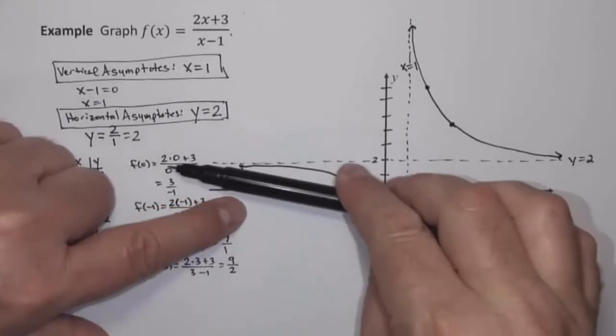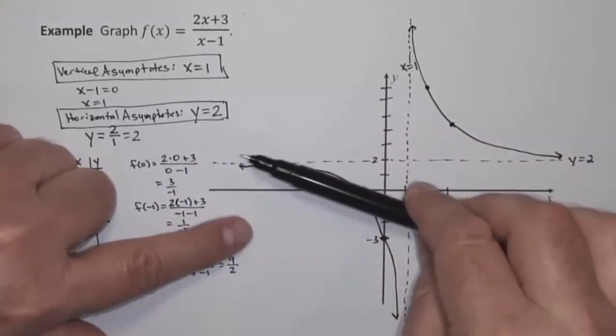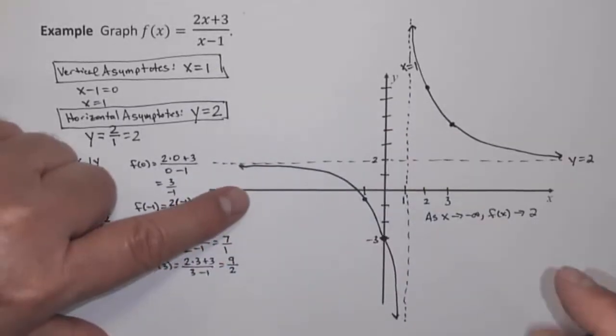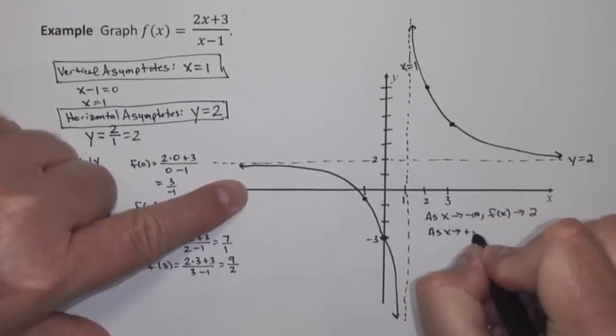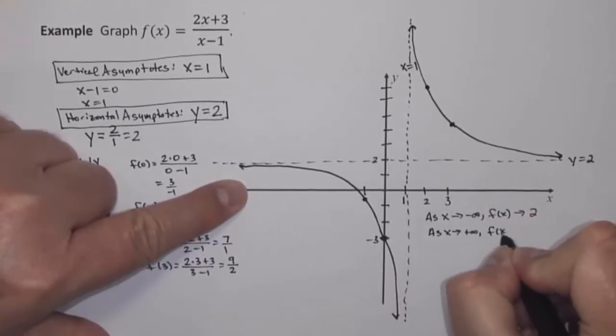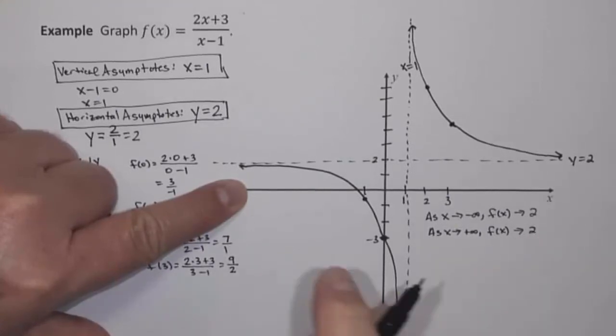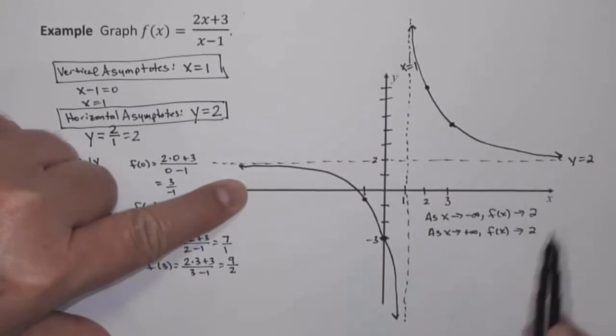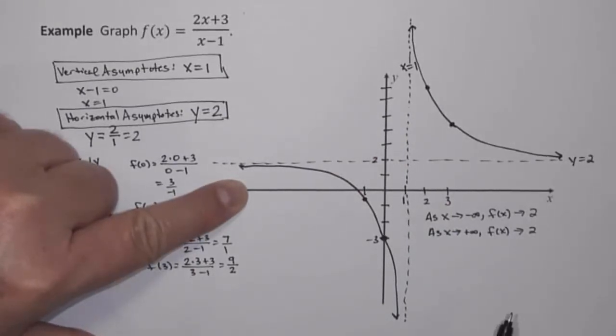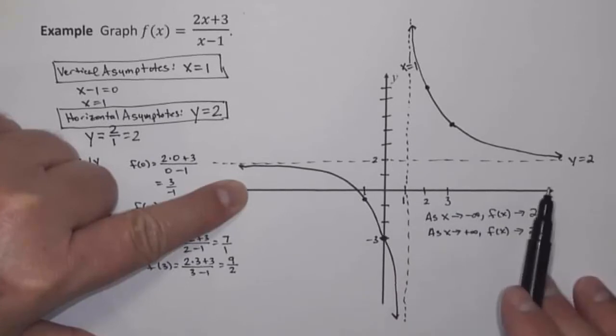So as I'm going this way, the values of y, the function values, are getting closer and closer to 2. I can say that as x goes to positive infinity, f of x is going to 2. So as x is going this direction, the y values are getting closer and closer to 2. So that describes the horizontal asymptote.